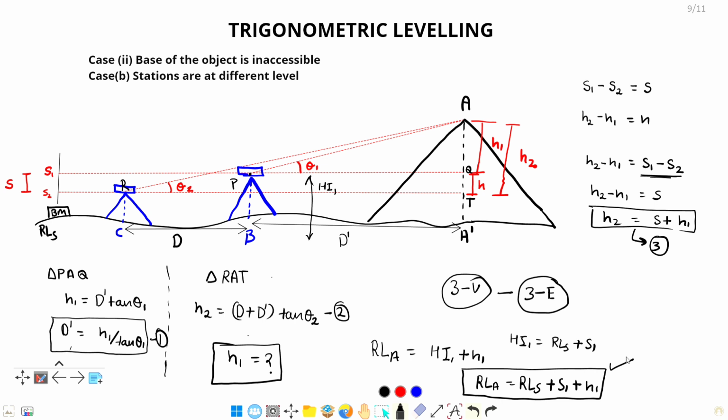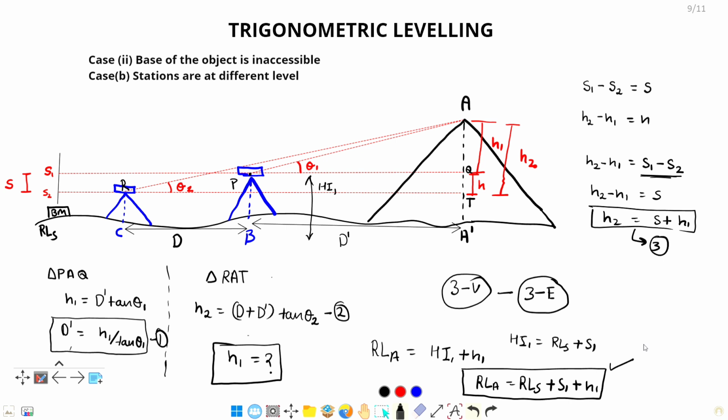So these are all 3 categories, or we call them 3 cases, of trigonometrical leveling. They are all very easy. You just need to understand that you have to apply only trigonometry, and you have to calculate linear measurement and angular measurement. Just remember, in the case of accessible base, you need only one station position.